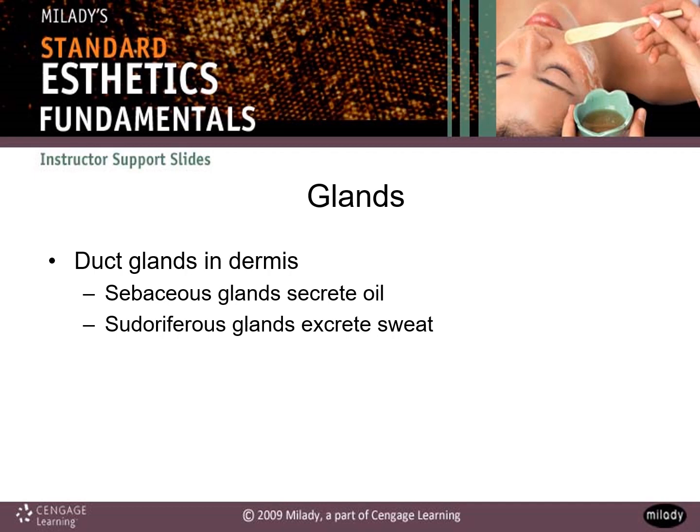We're going to talk a little bit about glands. So we have duct glands in the dermis. We have sebaceous glands, which secrete oil, and we have sudoriferous glands that excrete sweat.